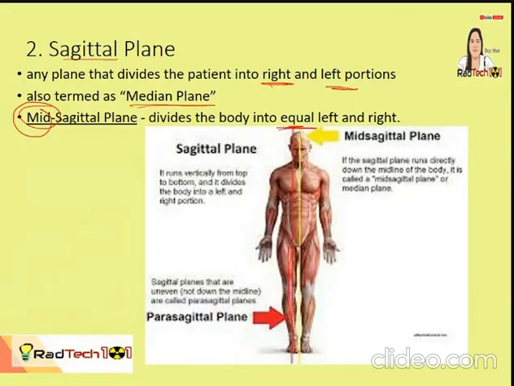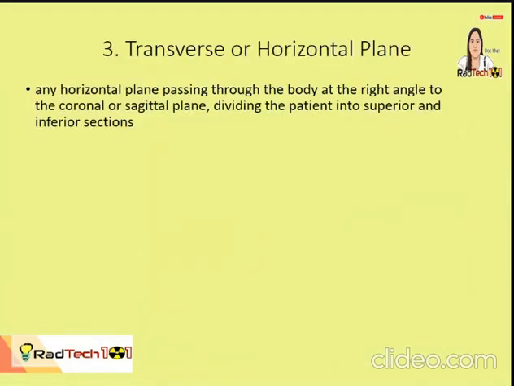So nasa gilid siya, that is parasagittal. Sagittal plane that are uneven. So hindi siya sa midline unlike this one. So this is parasagittal. Mid-sagittal, directly down the midline. So midline, it's called mid-sagittal plane.